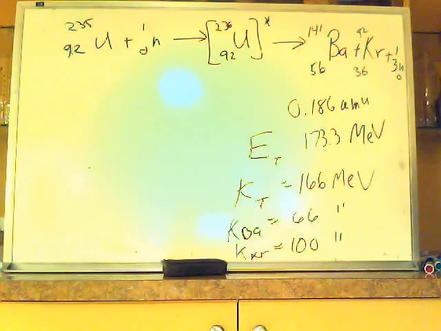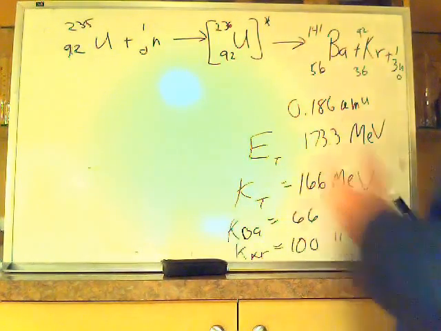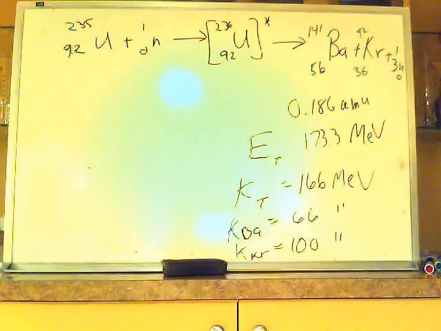That gives us a total prompt energy of 178 MeV. And then the delayed energy: 8 MeV in beta particles, 12 MeV in neutrinos, 6 MeV in gamma rays, a total delayed energy of 26 MeV. So if we sum 178 and 26, we get a total fission energy for this reaction, prompt and delayed, of 204 MeV.